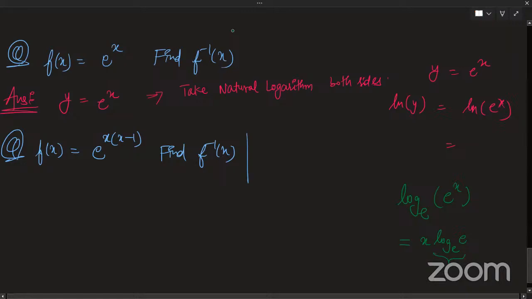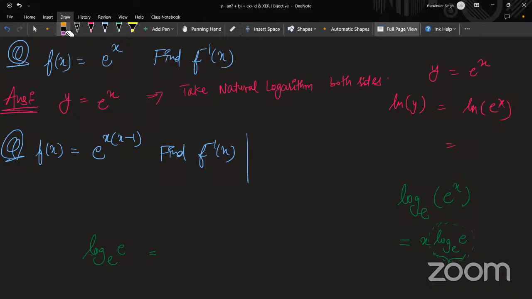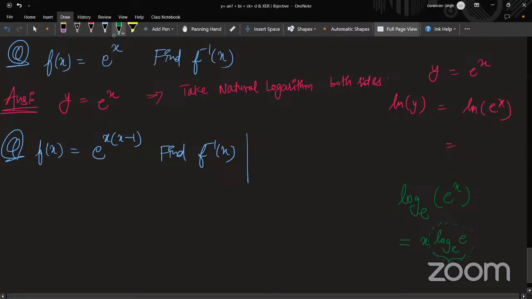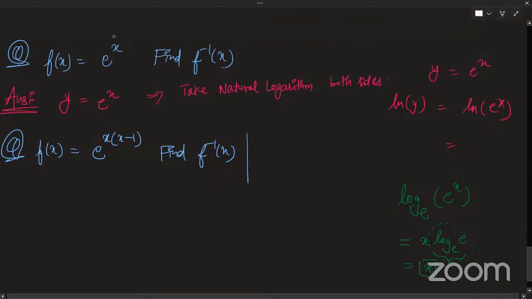What is the value of log e to the base e? One. Absolutely, it has to be one. It is basically asking me what power should I raise e to so that it is e? So obviously it is one. So it is x only, right? My right hand side is basically just x.